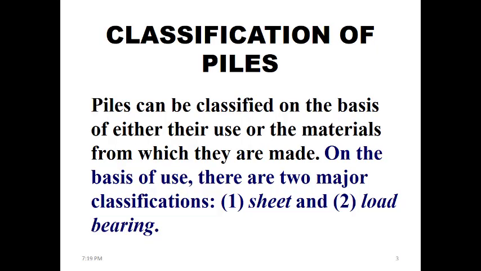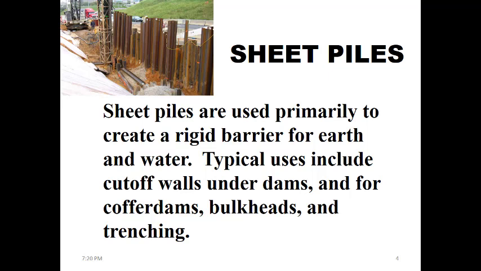To discuss it further, piles can be divided into two major classifications: sheet piles and load-bearing piles. As you can notice from the names, the purpose and operation of the piles is different. In this picture, you see the piles that support the sheets that carry the load coming from the sides.